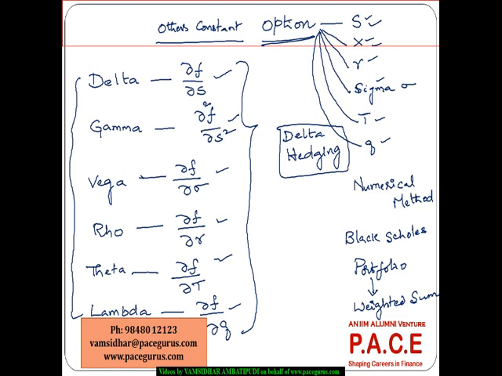Now, when I say delta hedging, the intention is to choose the combination of underlying securities plus derivatives, long or short positions, buy or sell positions, in such a way that the overall delta is zero. This means the portfolio really does not change even if the underlying security changes a little bit.